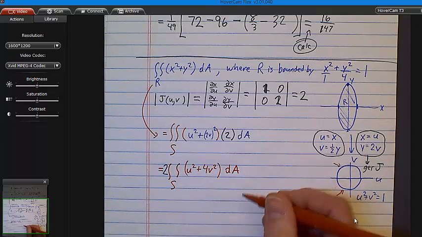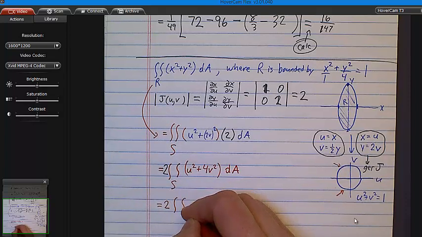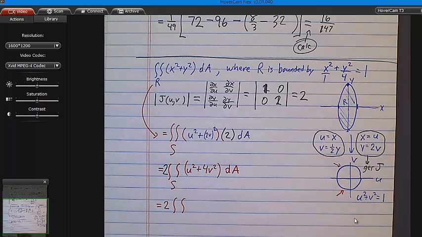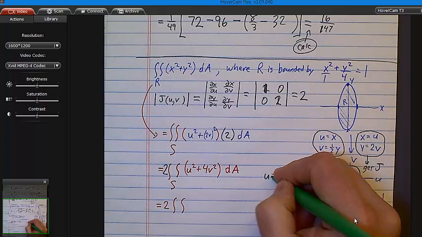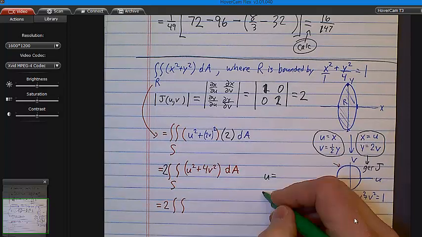Polar coordinates. So what do we have? 2. So let's substitute now. What's the substitution I'm making? I'm going to say that u is equal to, if we're going to go polar, you know what I'm going to let u and v equal?